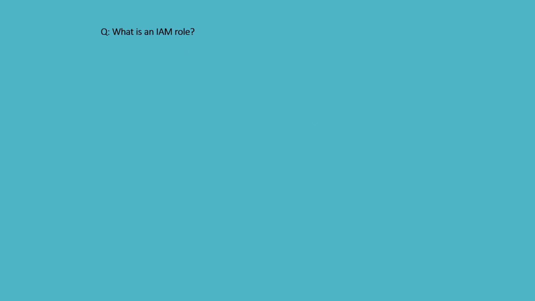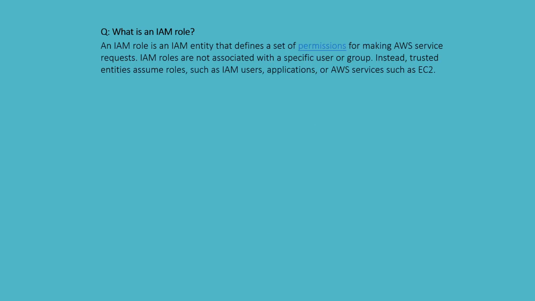What is an IAM role? An IAM role is an entity that defines a set of permissions for making AWS requests. IAM roles are not associated with a specific user or group. Instead, trusted entities assume roles, such as IAM users, applications, and AWS services such as EC2.